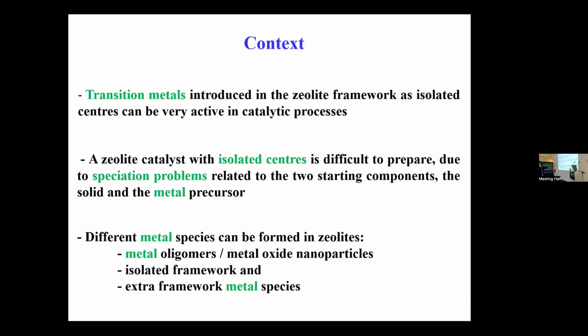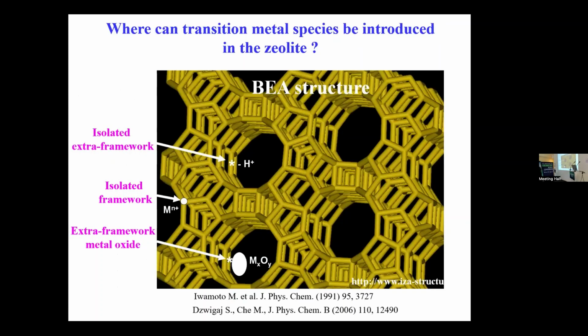Different species can be formed in the zeolite, such as metal oligomers, metal oxide nanoparticles, isolated framework, and extra-framework metal species. So where can transition metal species be formed in the zeolite?